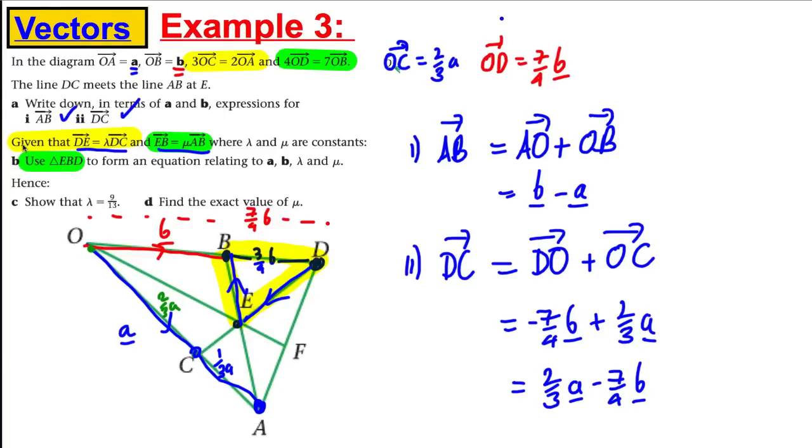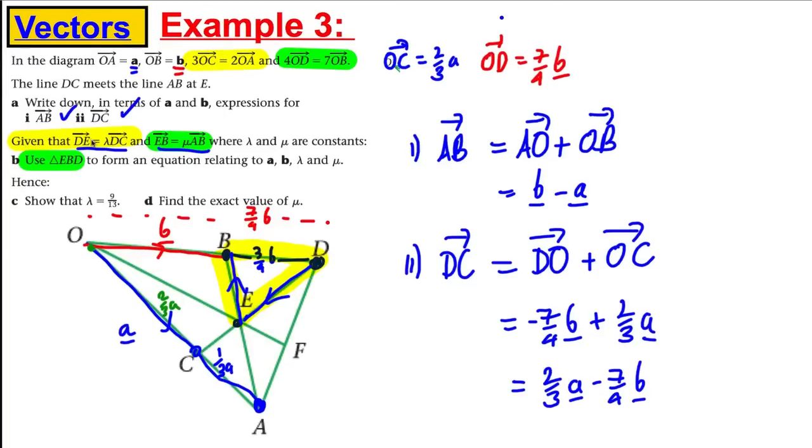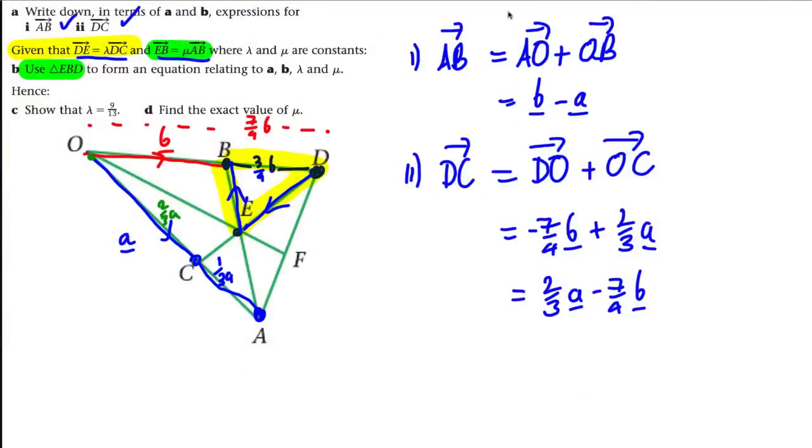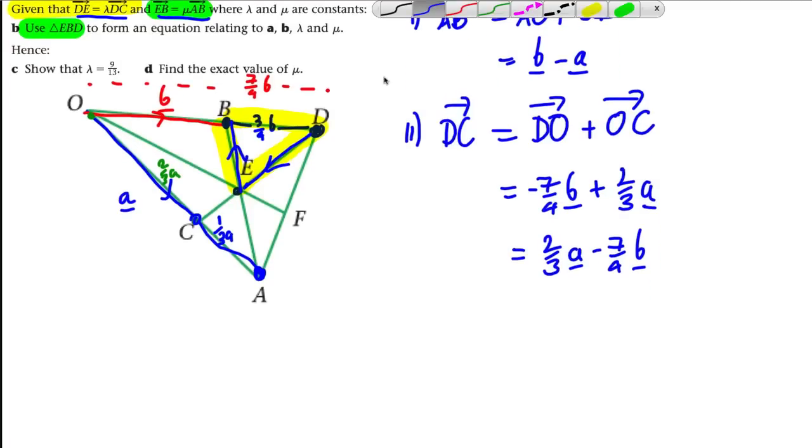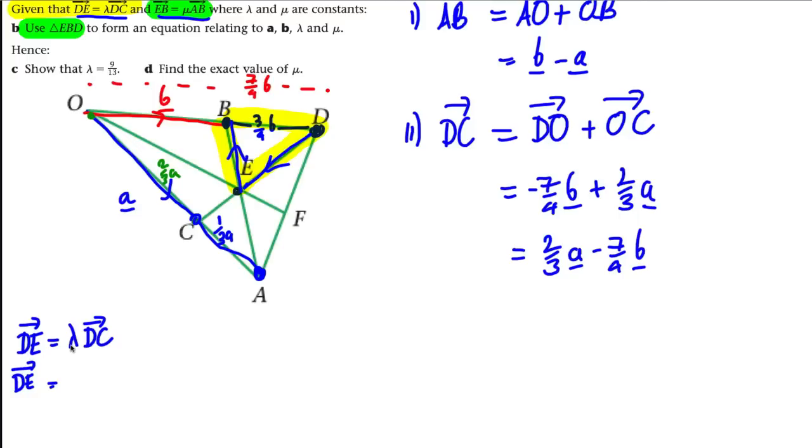Okay, we are given that DE equals lambda DC. So let's write that fact down. So D to E is equal to lambda D to C. So in particular, D to E is lambda multiplied by DC, which is this thing, so lambda multiplied by both bits.